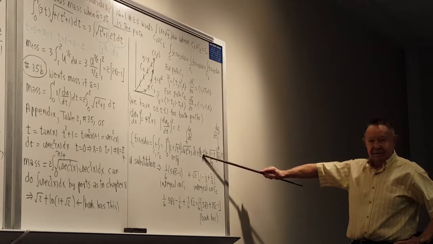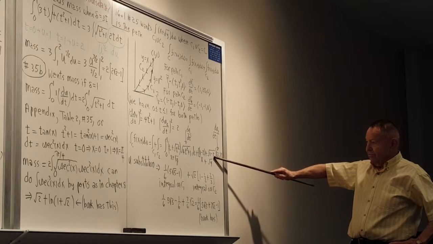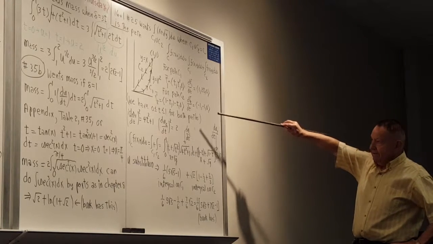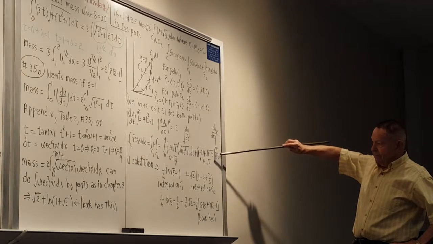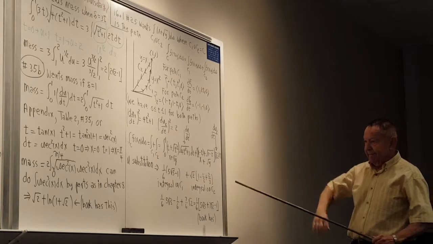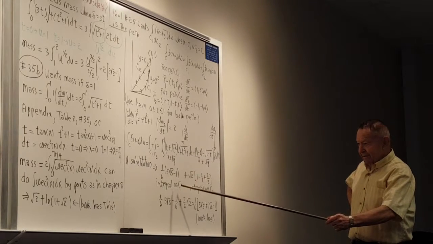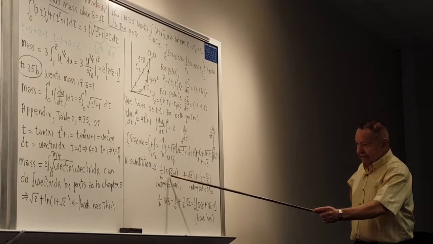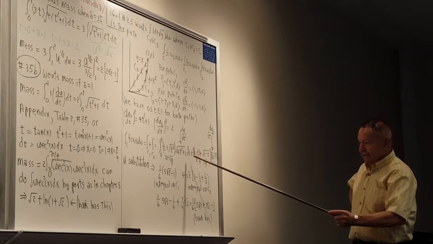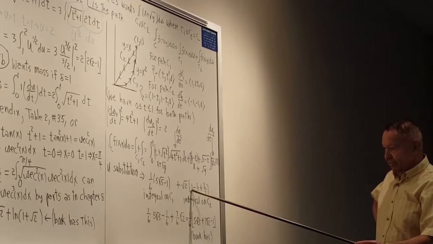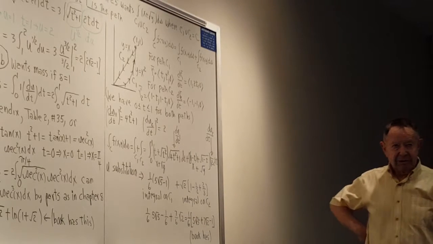And then here it is on path 2, where x is 1 minus t, and then you have the square root of 1 minus t, and then the dr2 dt dotted with itself and square rooted, and dt. So this one will be a u substitution, and you'll end up with this as your value. And this one, you'll end up with these numbers, and then you put these together and you get what the book has.